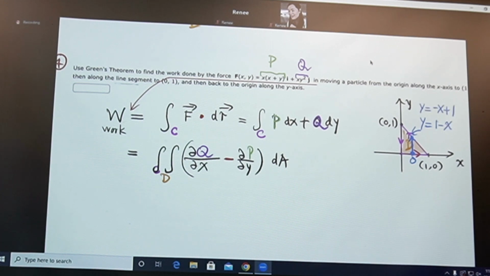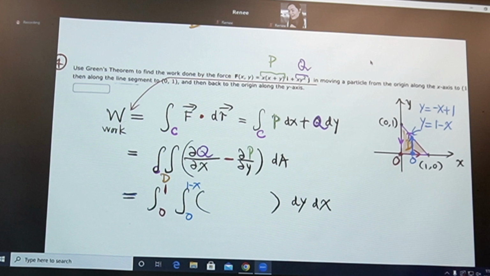So you can write this integral with dy dx: y goes from 0 to 1 minus x, and then x goes from 0 to 1. You got it. And then we're done. Remember this, that's how you do this.